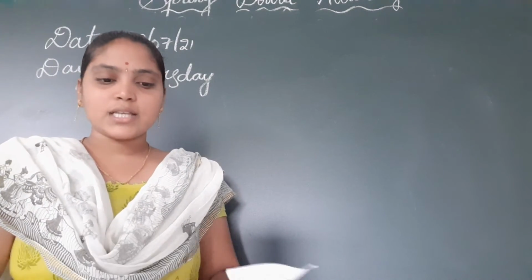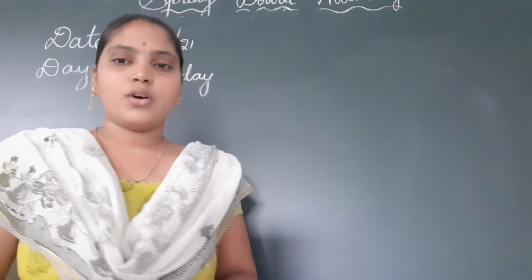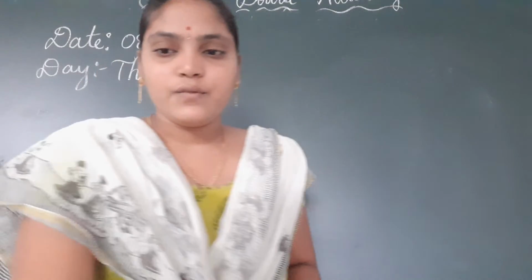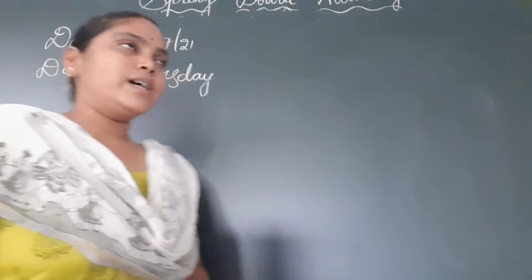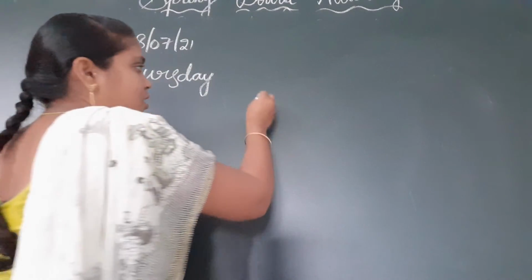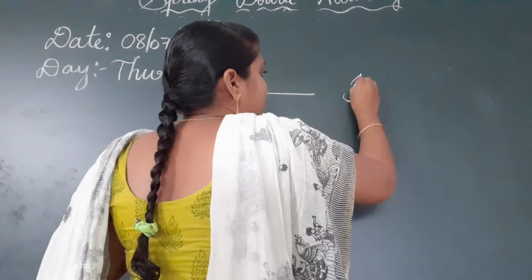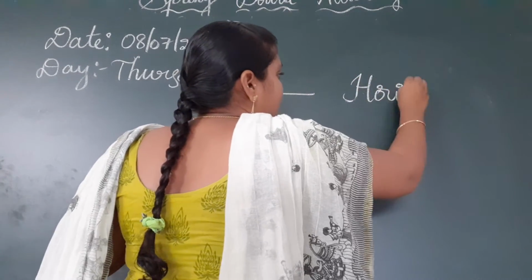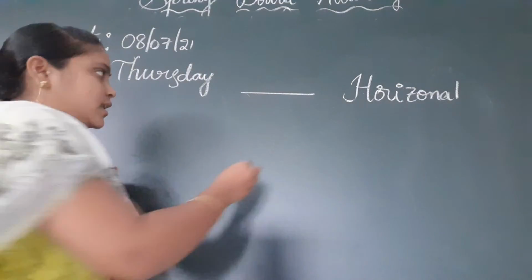So in today's class, which topic have we discussed, children? We have discussed solid shapes. And the first chapter is also completed, children. In this chapter, first we discussed types of straight line. So what line is it, children? Yes, this is a horizontal line.